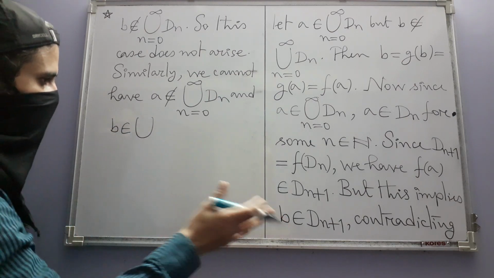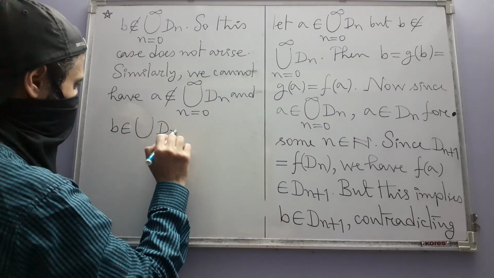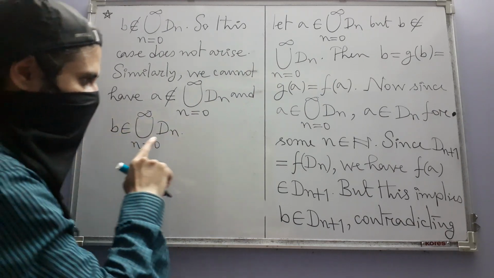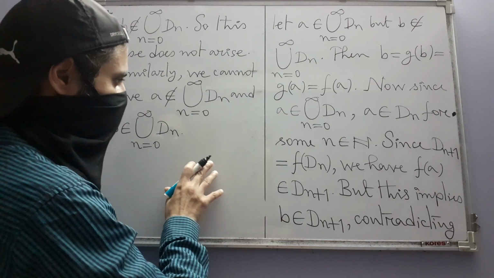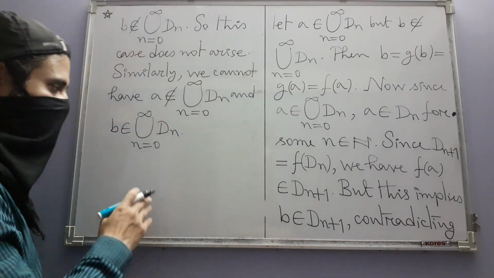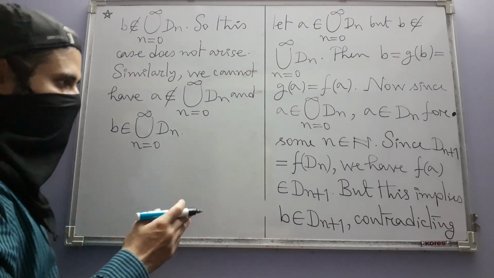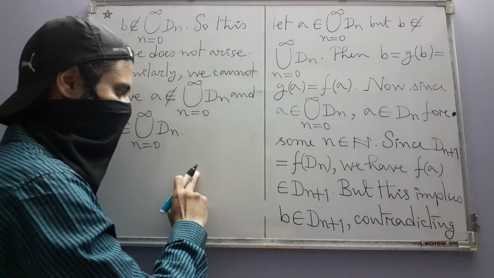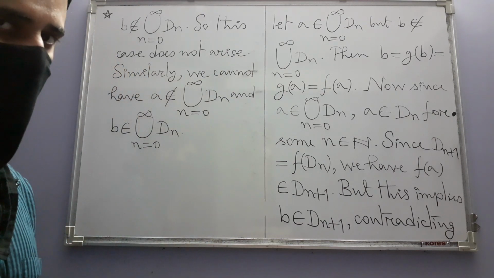That also will create a similar problem. But in the other two cases that we handled first, we managed to prove that A is equal to B. So that means for any two elements A and B in capital B, if G of A is equal to G of B, then A is equal to B. This proves that G is injective.